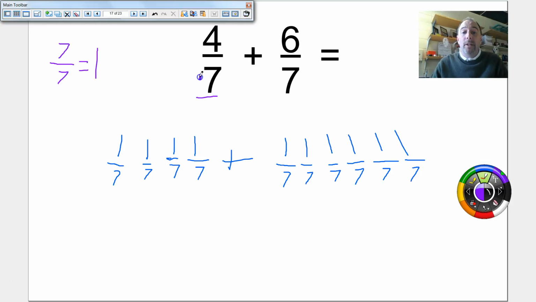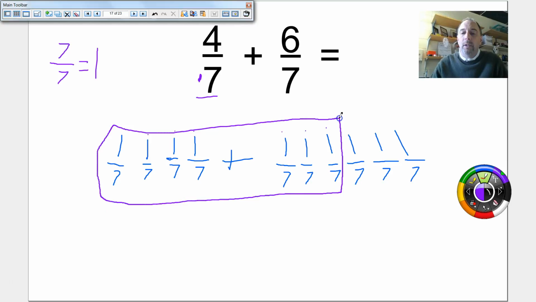So I look at my denominator, and I write the denominator as my numerator, and this reminds me what my whole number is. Why did I just do all of this? Because this, 1, 2, 3, 4, 5, 6, 7, and I make a big box because that equals 1 whole plus 1, 2, 3 sevenths. My answer is 1 and 3 sevenths because these 3 sevenths will recompose to become 3 sevenths.